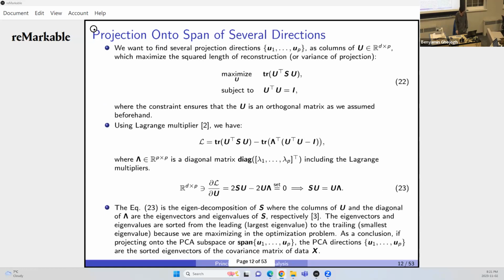I want to maximize this covariance matrix after projection. Also, I want this to be a scalar. That's why I have the trace here, right? Otherwise, U transpose SU is a matrix. And I want the matrix U to be orthogonal, its columns to be orthonormal. So the projection directions will be perpendicular to each other, and each will have length 1.